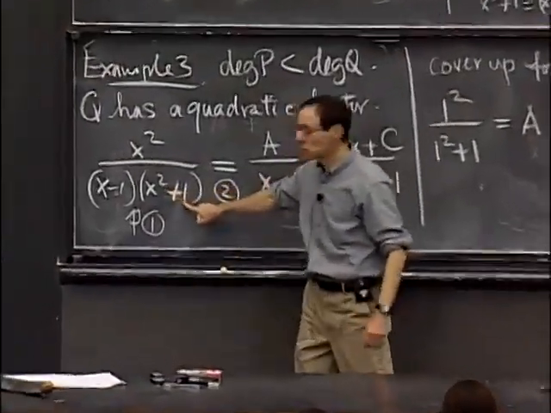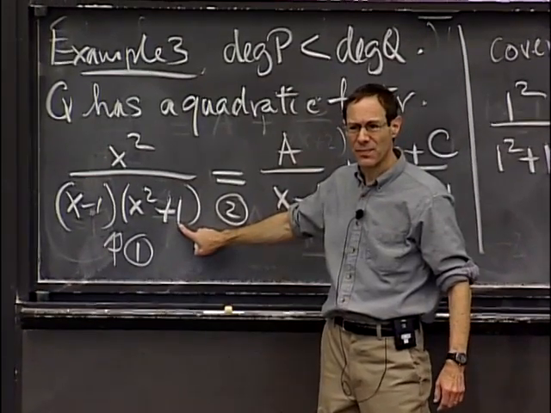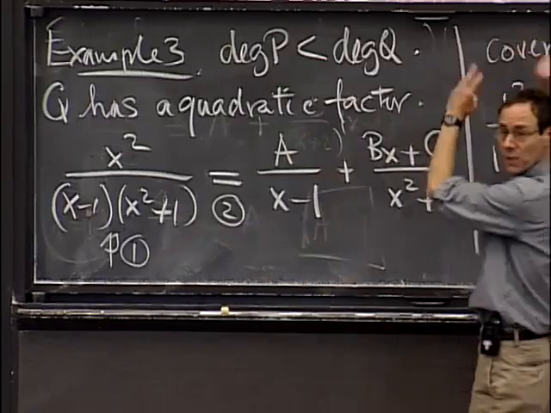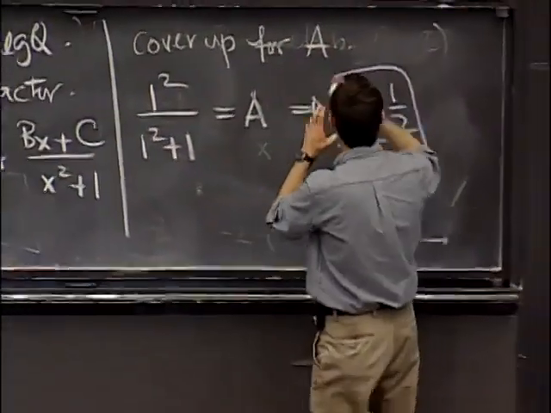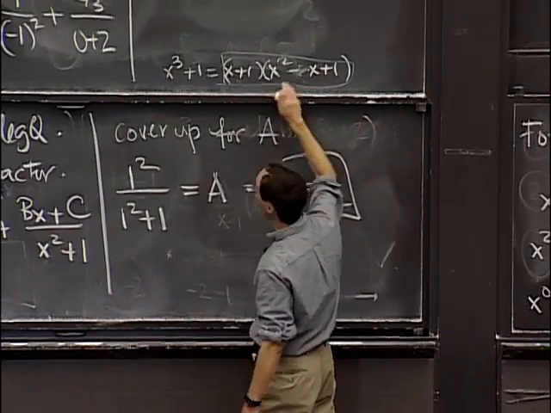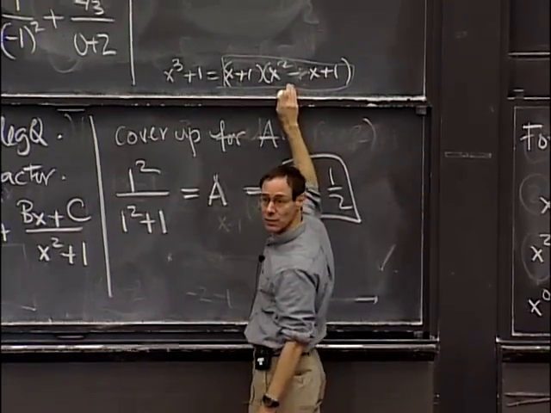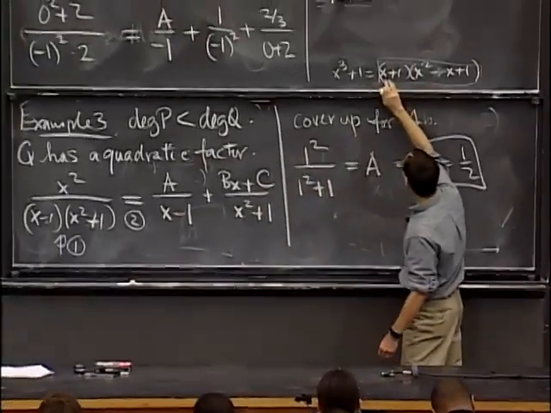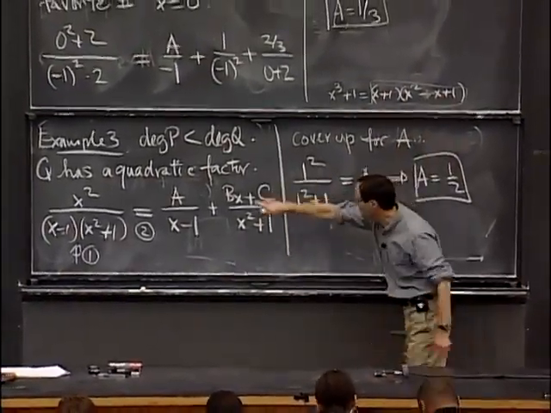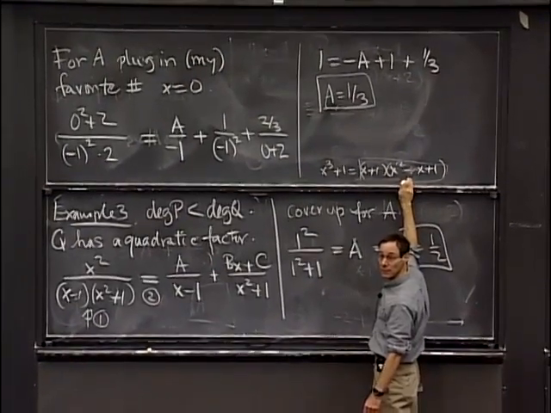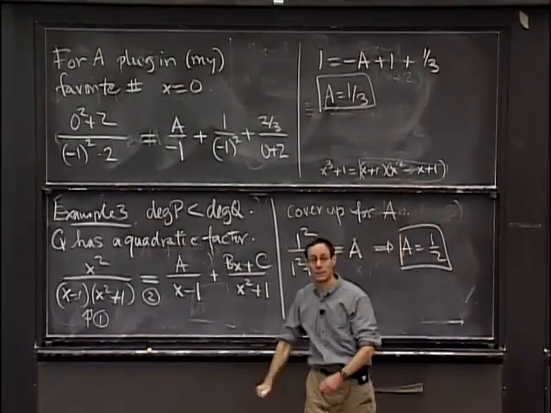In the x cubed plus 1 case, we are out of luck until we've completed the factorization. Once we've completed the factorization, we're going to have to deal with these two factors as denominators. So it'll be something over x plus 1, plus a bx plus c type of thing over this quadratic. That's what's eventually going to happen.